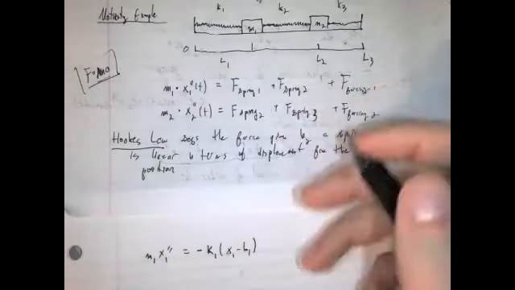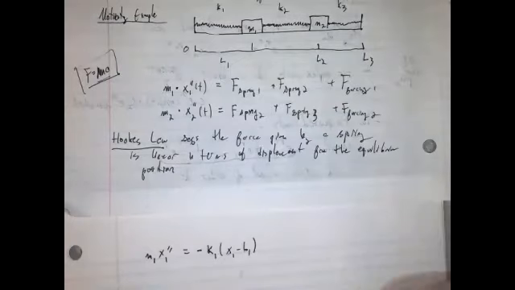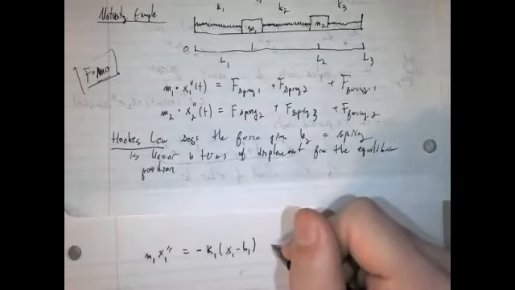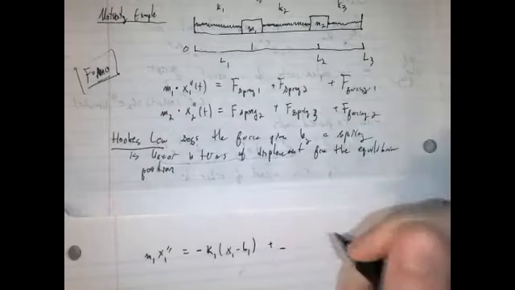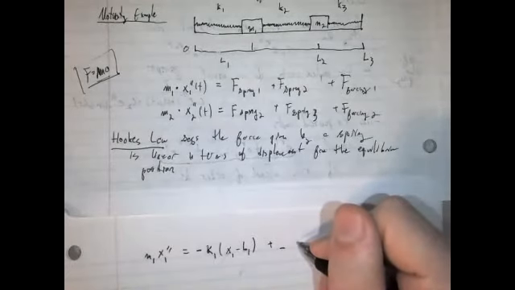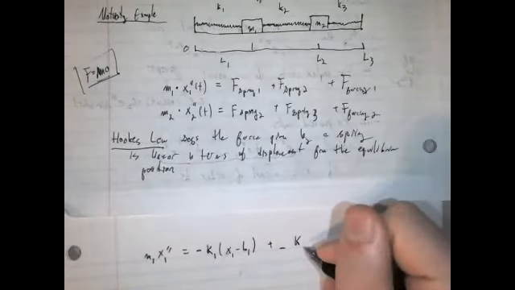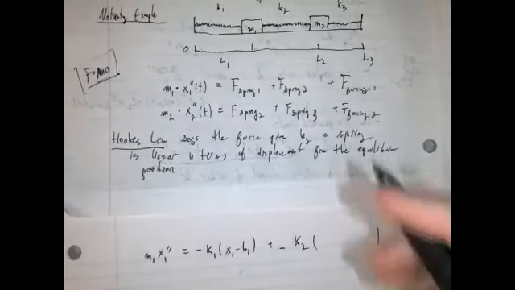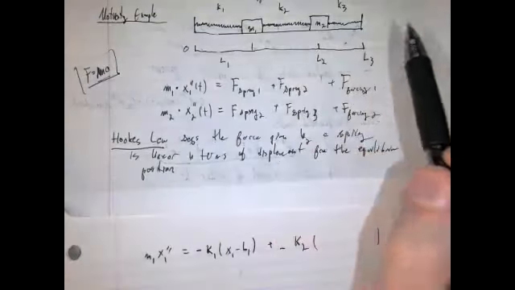And then I'm going to write down whatever I get for spring 2, and I'm going to have a similar sort of thing that appears here. So plus, I'm going to have some coefficient times the constant here, K2. And now here, what do I need to be comparing?